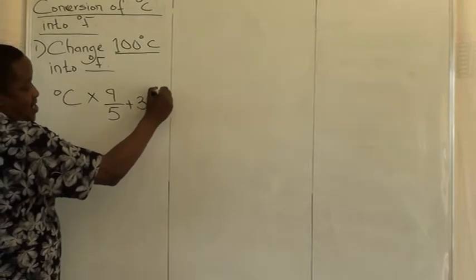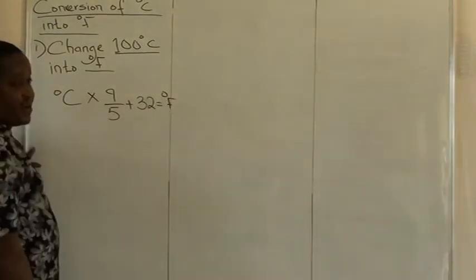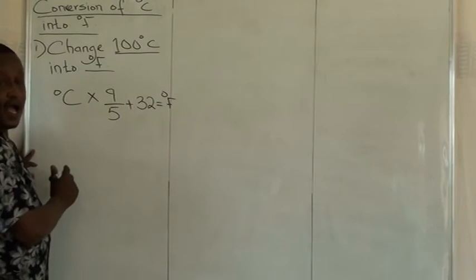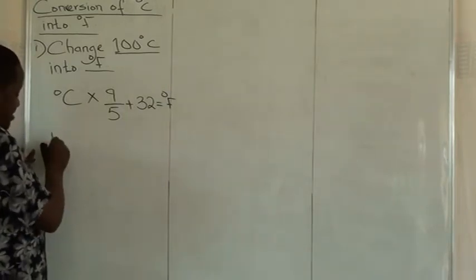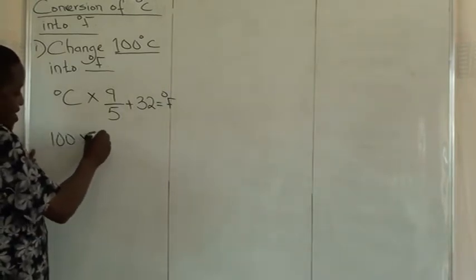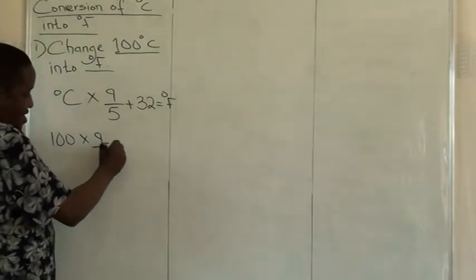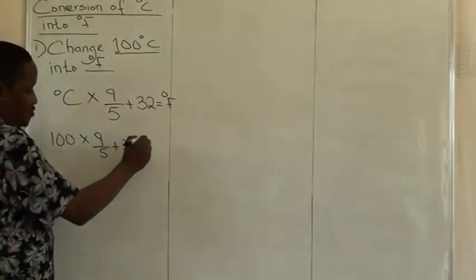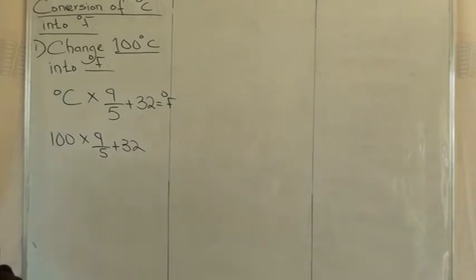You end up with your degrees Fahrenheit. So let us take our 100 degrees, we multiply by 9 over 5, and then we add 32. Let's see what we get.